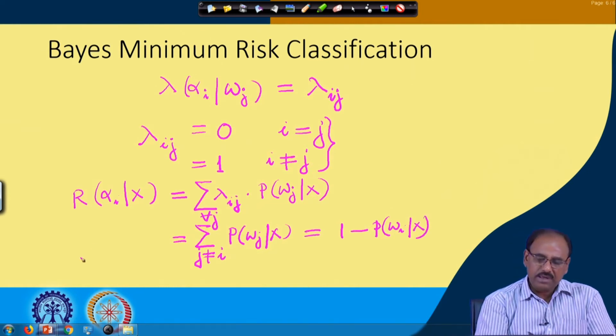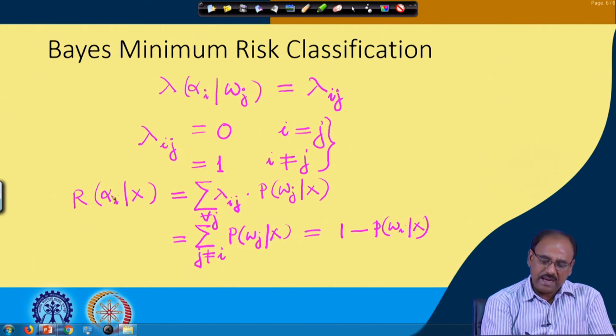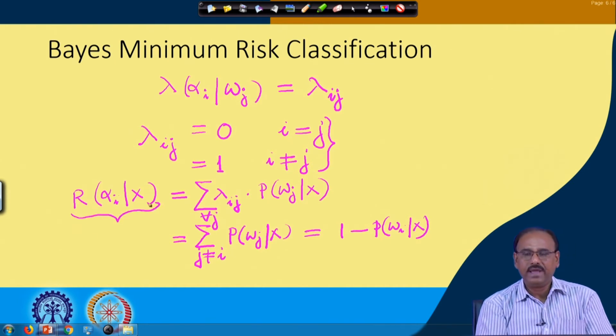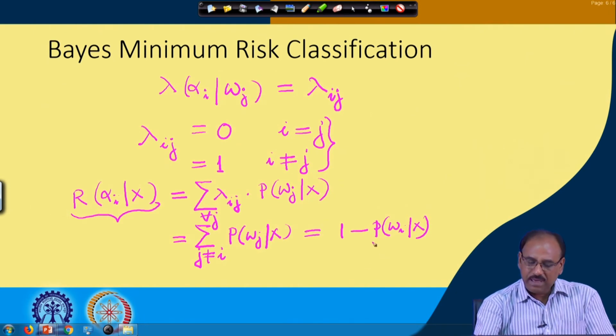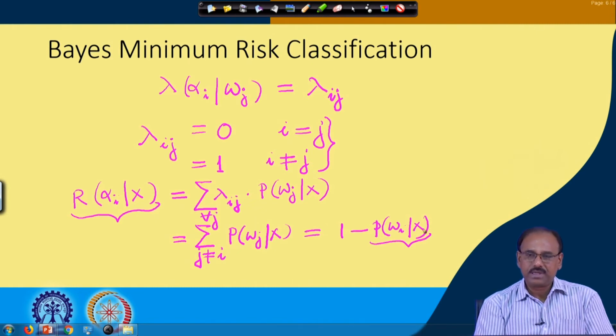Now, what we wanted in Bayes minimum risk classification is to take that particular action alpha i for which R of alpha i given x is minimum. In Bayes minimum error classification, we wanted to classify x to that particular class for which p of omega i given x is maximum. Now, if you look at this expression, R of alpha i given x is equal to 1 minus p of omega i given x.